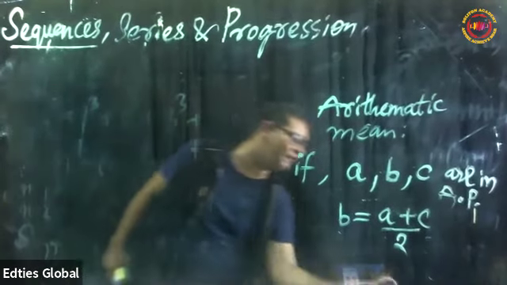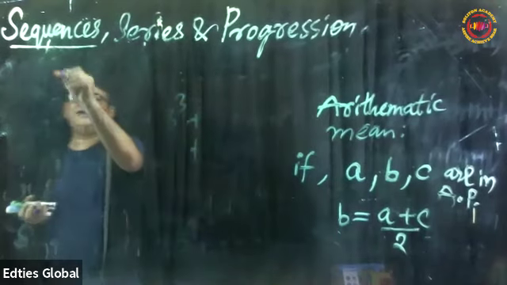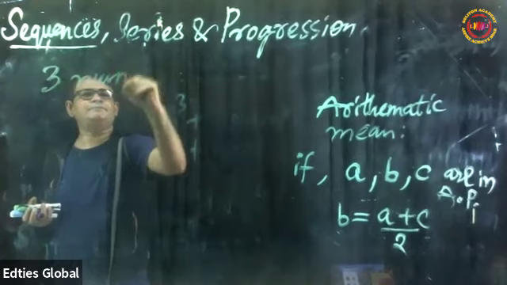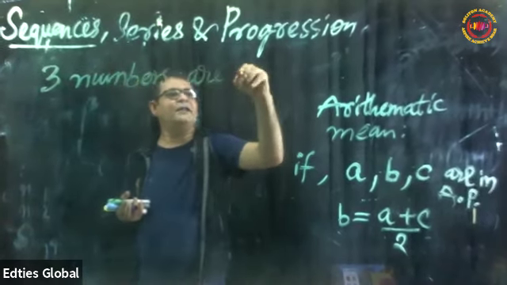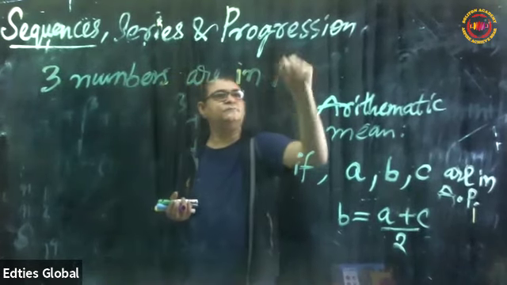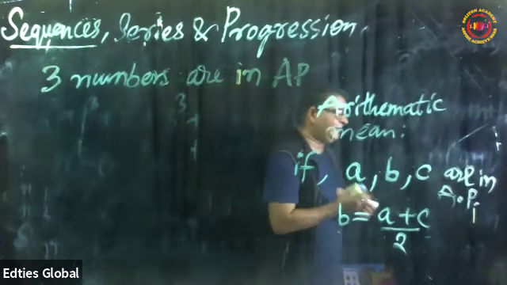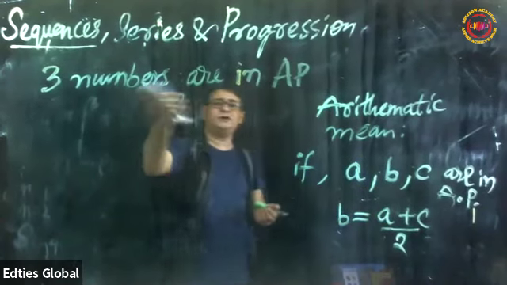I'm not giving you right now any question, but I'm giving you a strategy. If you get a problem where three numbers are in AP, then how will you assume the terms?